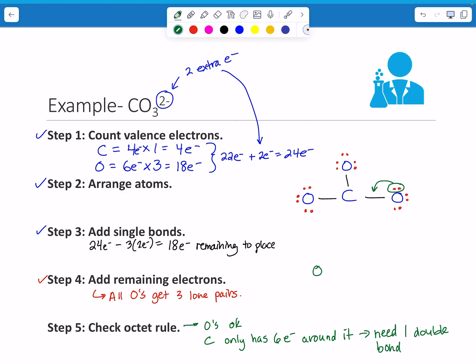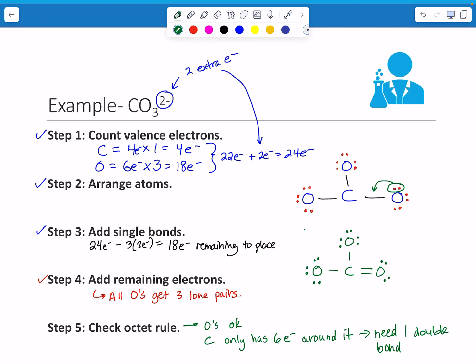So my structure winds up looking something like this, where we've got only 2 lone pairs on one of the oxygens. Now, we also need to indicate that there are extra electrons in this species.